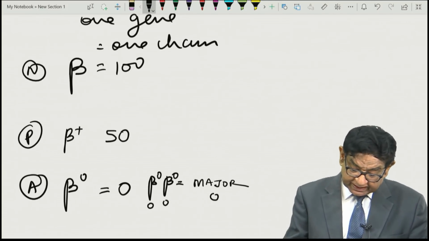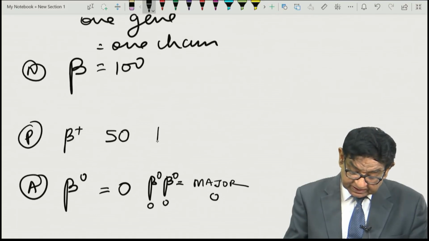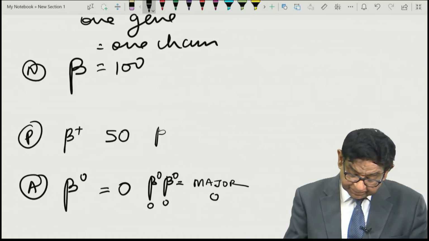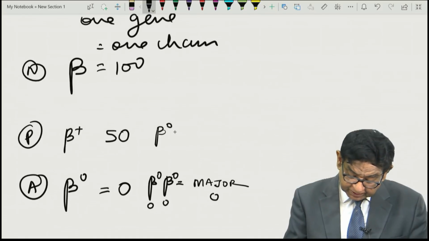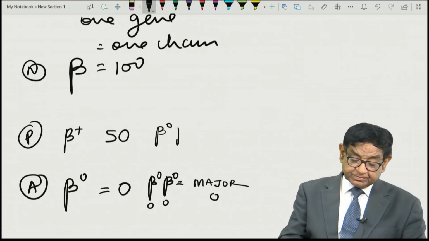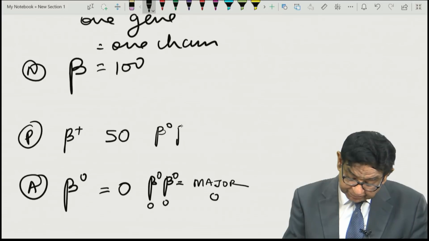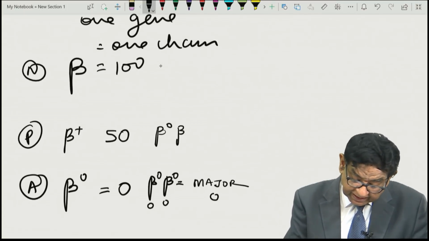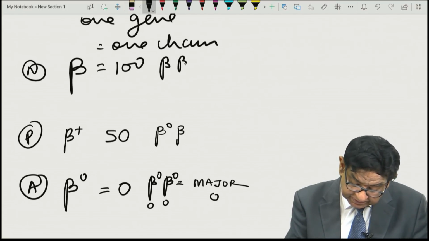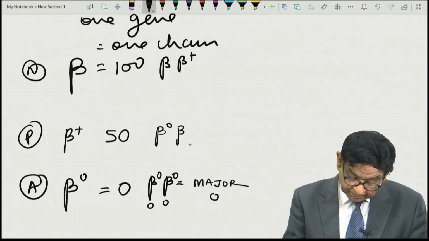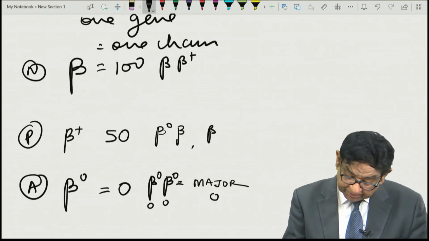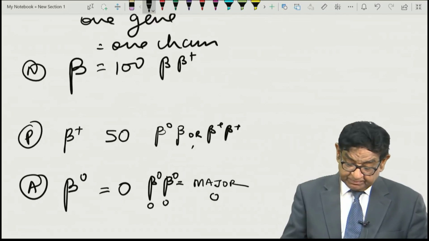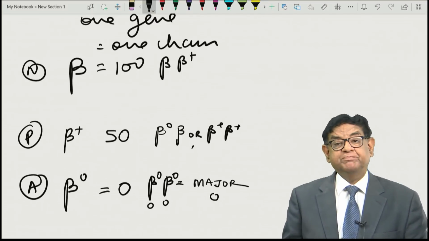Now, suppose I get one chain like this, B0 B, or I can get B0 B plus.